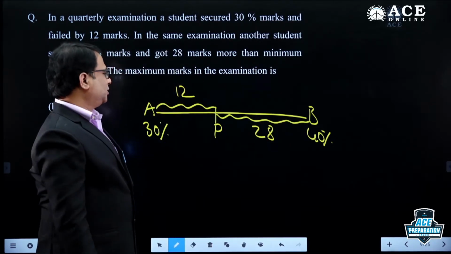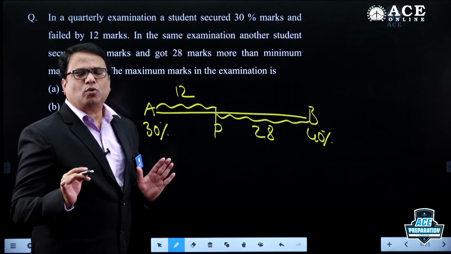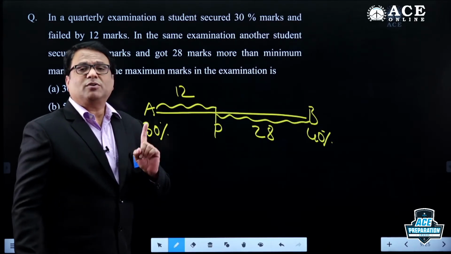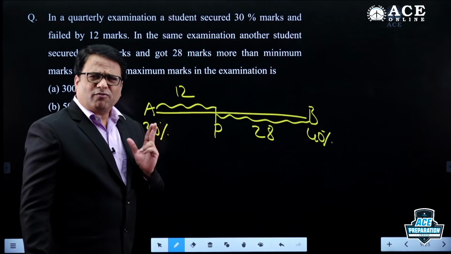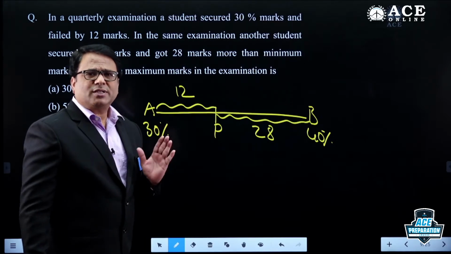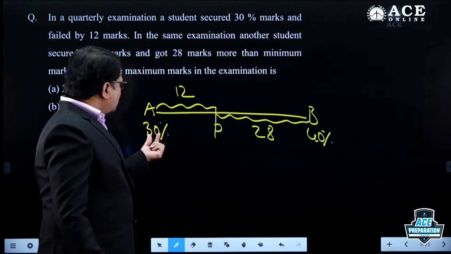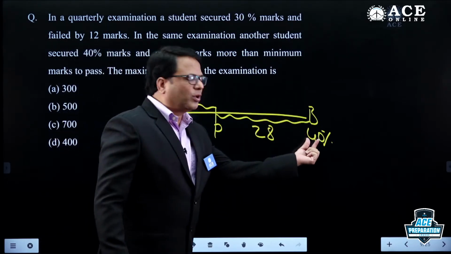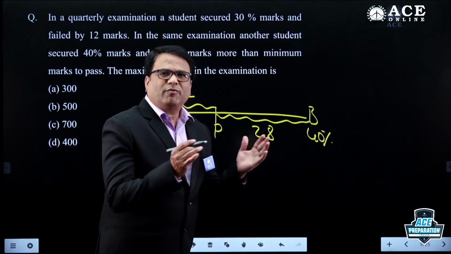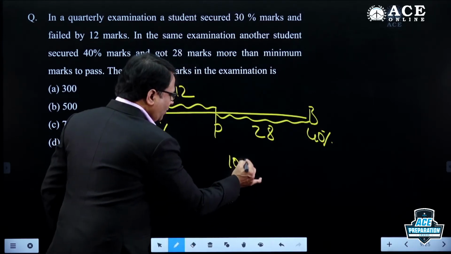Now, tell me the difference between A's score and B's score in terms of percentage. You can clearly see A's score is 30% and B's score is 40%. So the difference is 10%.